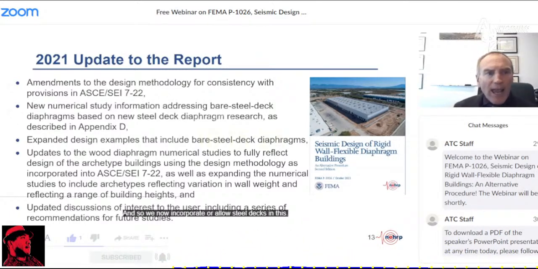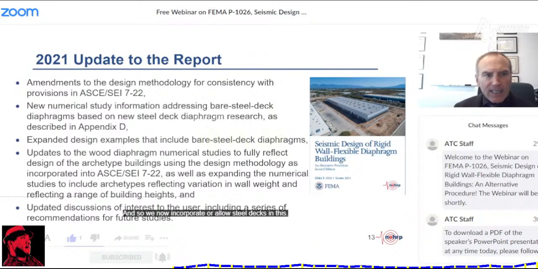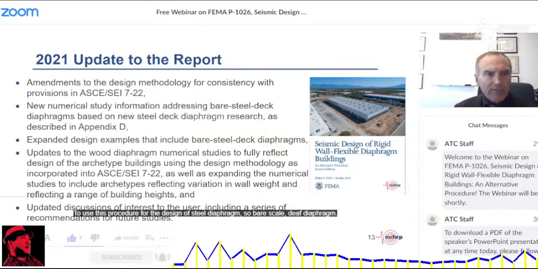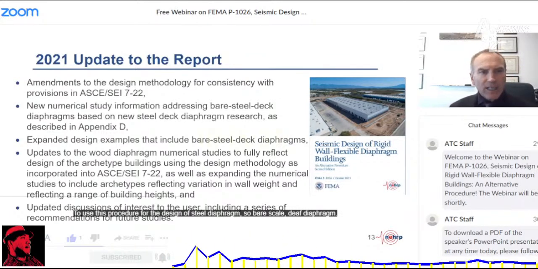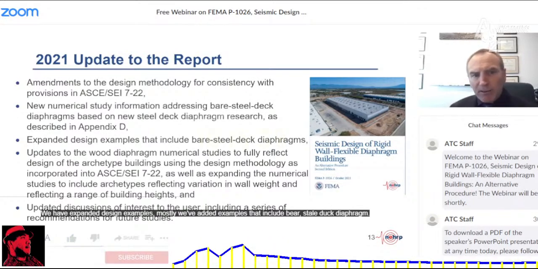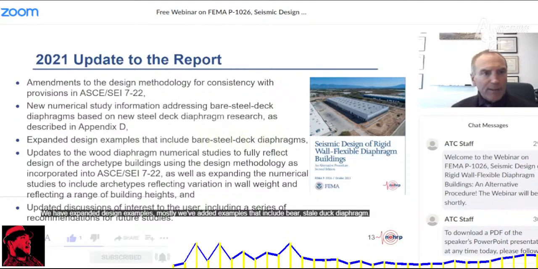And so we now allow steel decks to use this procedure for the design of bare steel deck diaphragms. We have expanded design examples, mostly examples that include bare steel deck diaphragms.